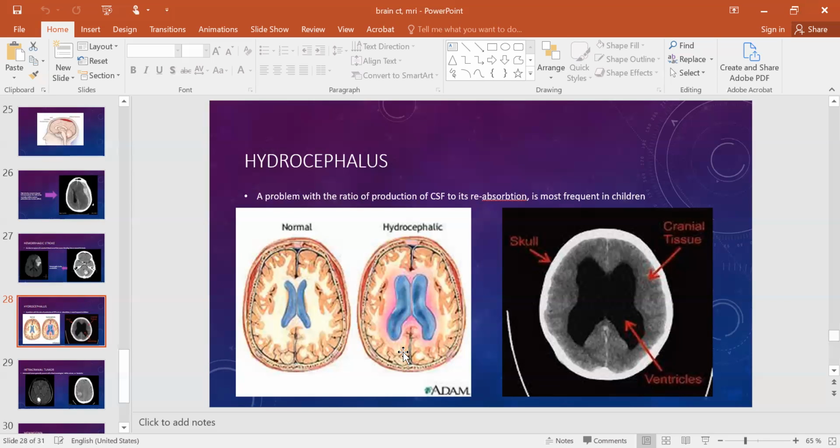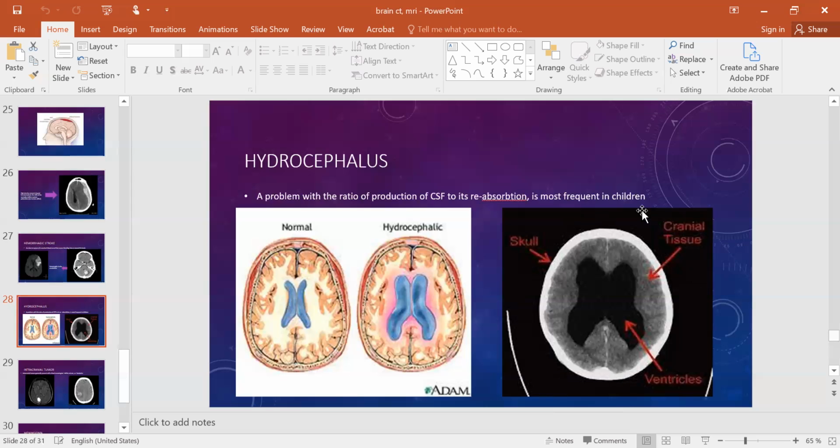Not only lateral ventricles, we have two lateral ventricles, third and fourth ventricle in the brain, and all these four ventricles may be enlarged in hydrocephalus, and we describe this hydrocephalus in stages.